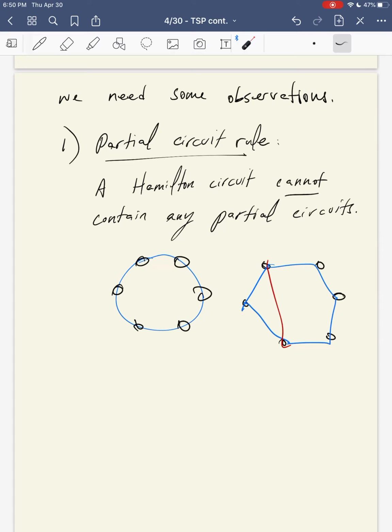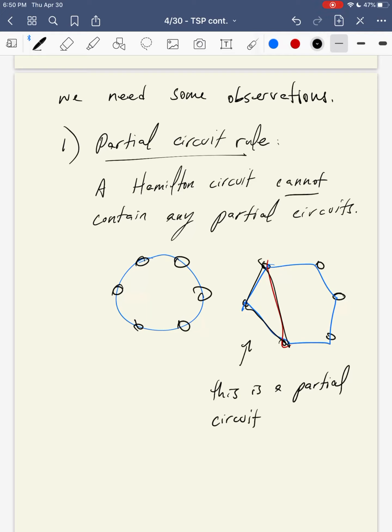And you see that, so this is a partial circuit. And it's kind of clear that a Hamilton circuit can't contain one, because that would mean visiting this vertex 3 times.